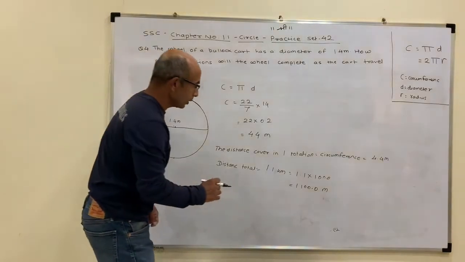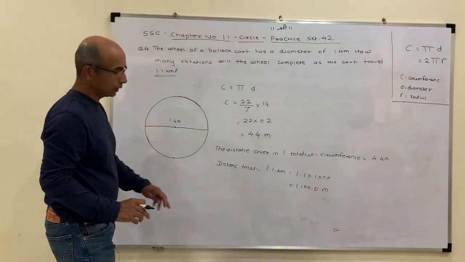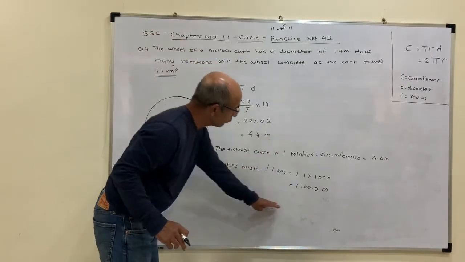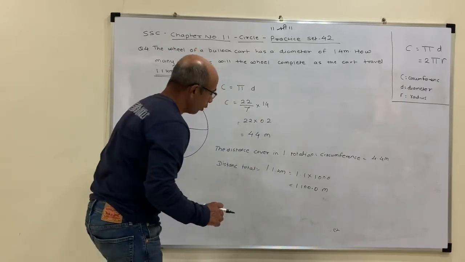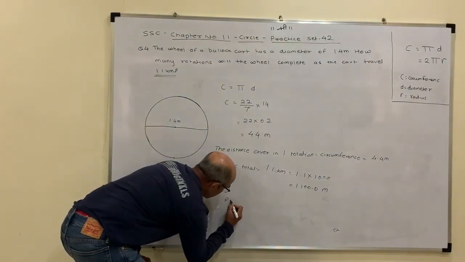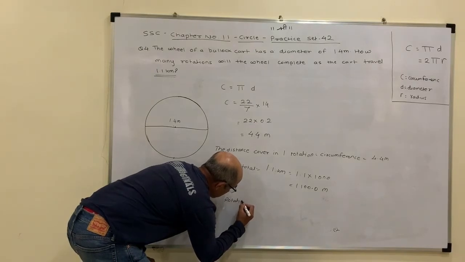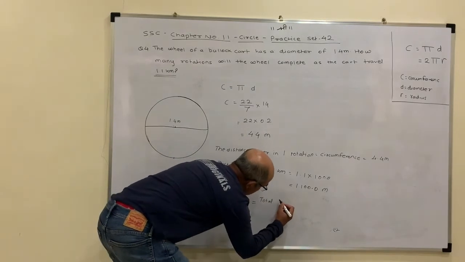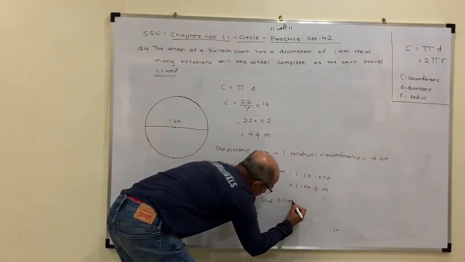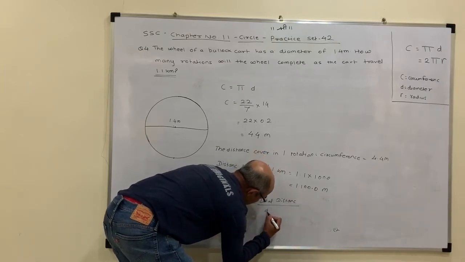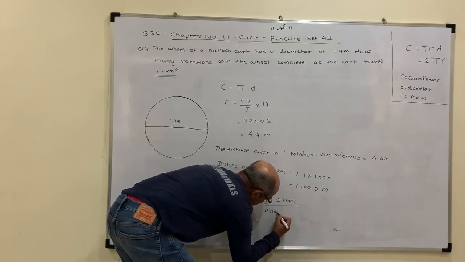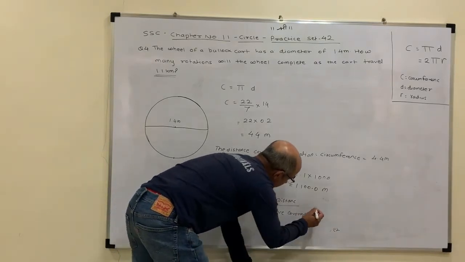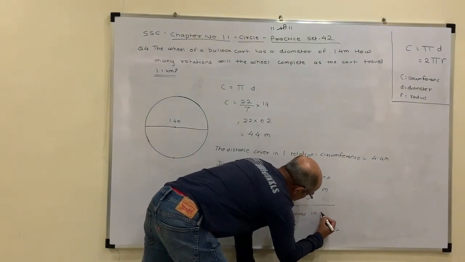Now we need to count how many rotations. So in one rotation it completes 4.4 meters. So 1100 meters, how much will it come? So the rotations required equals total distance traveled divided by distance covered in a single rotation.